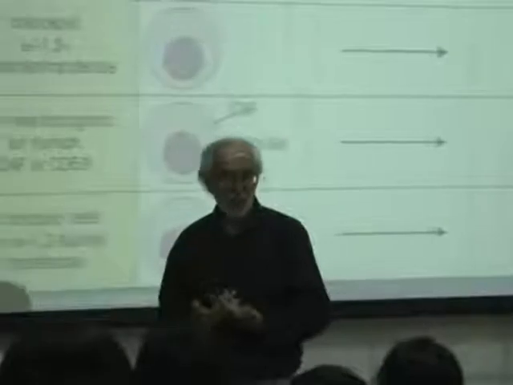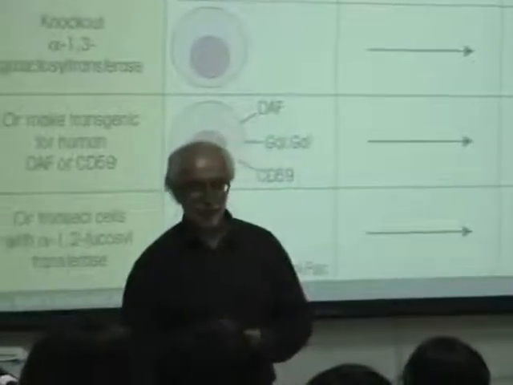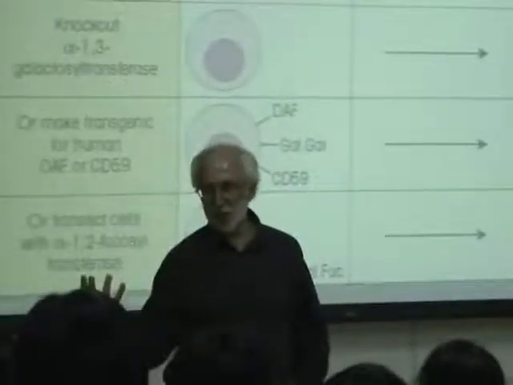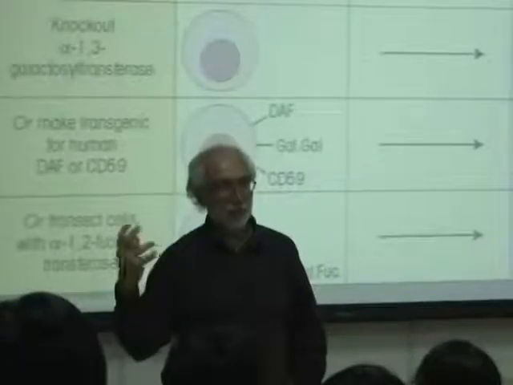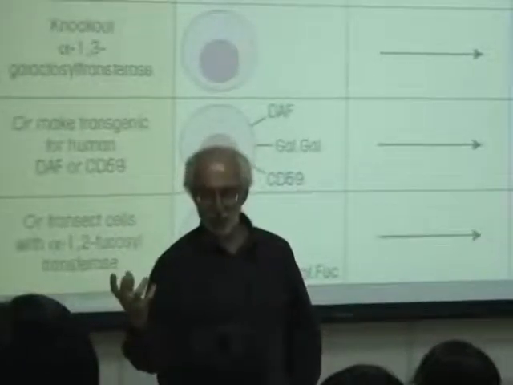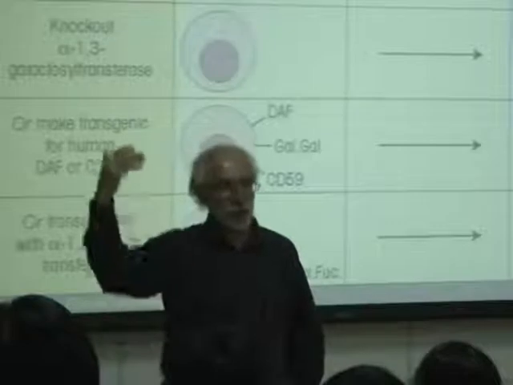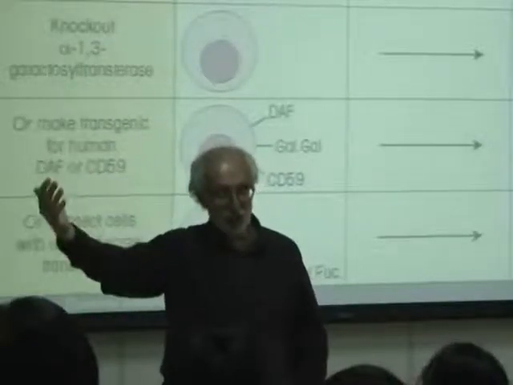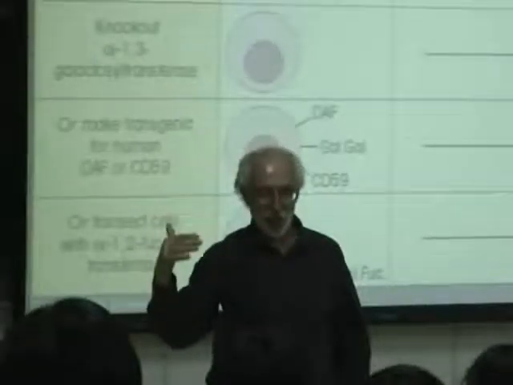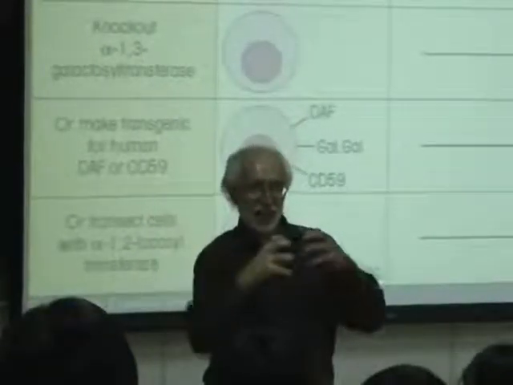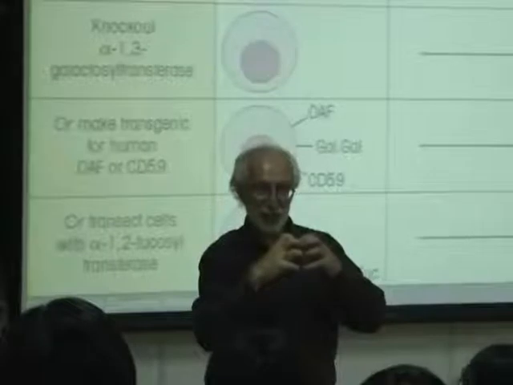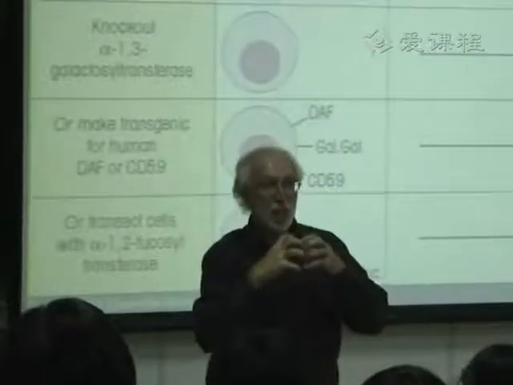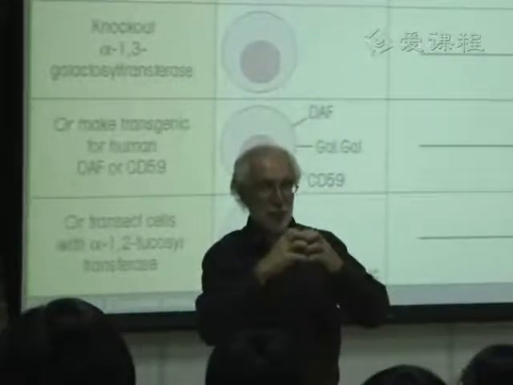Very late on in evolution, there was a mutation in the gene that makes that particular sugar linkage. So certain higher primates, including humans, have a mutation in the gene that makes the alpha-1,3 gal linkage. So we do not have that particular sugar structure.